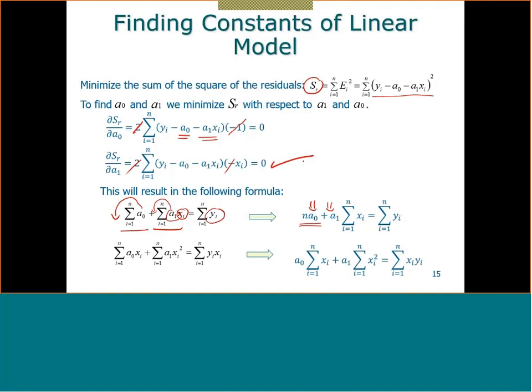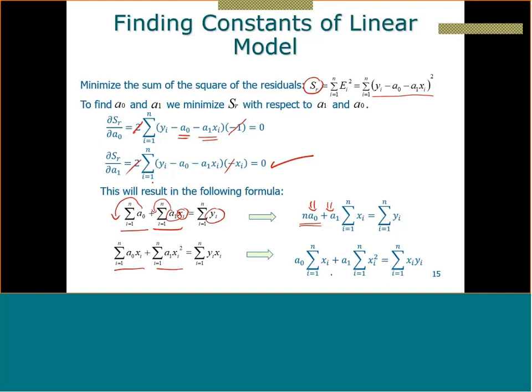So we'll come here. Now I will multiply this equation by xi. This is one side. In the other side, it becomes summation of a0 xi, which is this. The other one is summation of a1 x of i squared, because x of i times xi is this one.